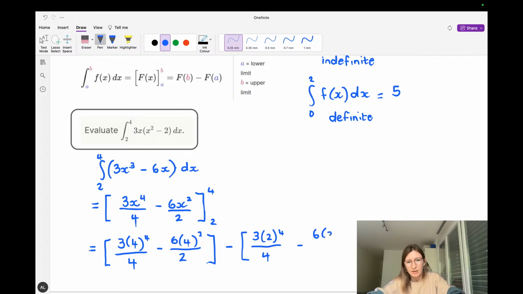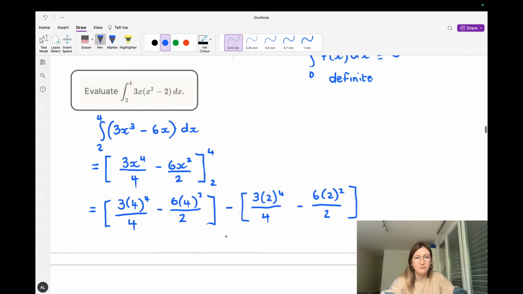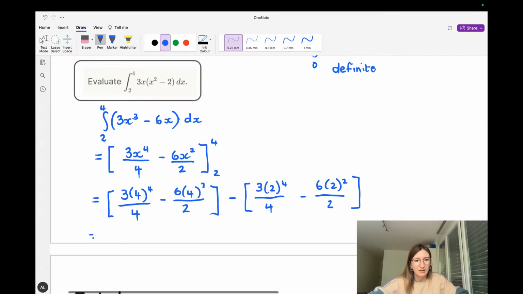Looks a bit crazy, but we'll evaluate it and simplify it. All right, I just double check because there's a lot of 2s and 4s. I had 4 in there, good, and I had 2 in there, good. And the main thing is that we're subtracting these with the x equals 4 and the x equals 2. So let's go and simplify that.